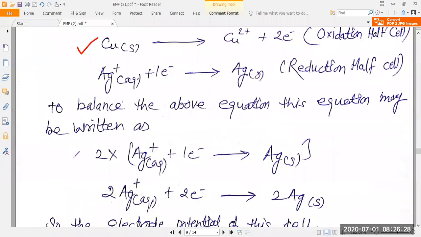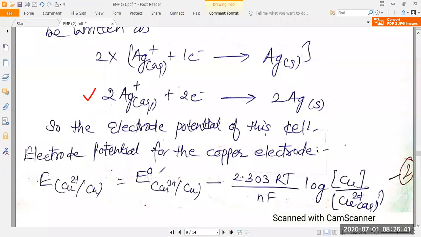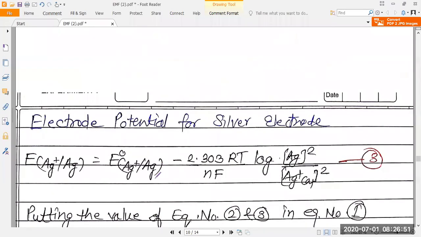So to balance this equation, we write in this manner: silver we multiply by 2, so we get 2 Ag plus plus 2 electrons gives 2 Ag. So the cell potential we can write in this manner. This is the cell potential of the copper half cell, and similarly the cell potential for silver in this manner.